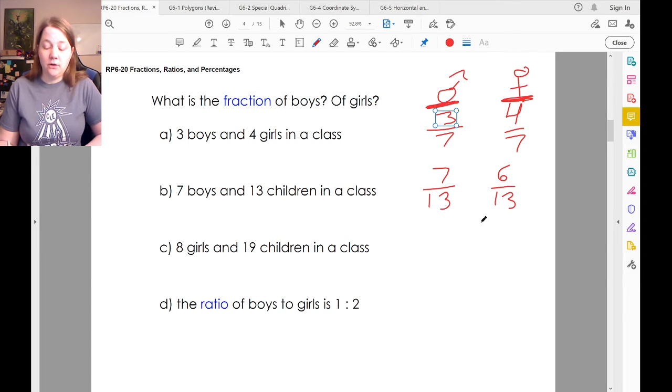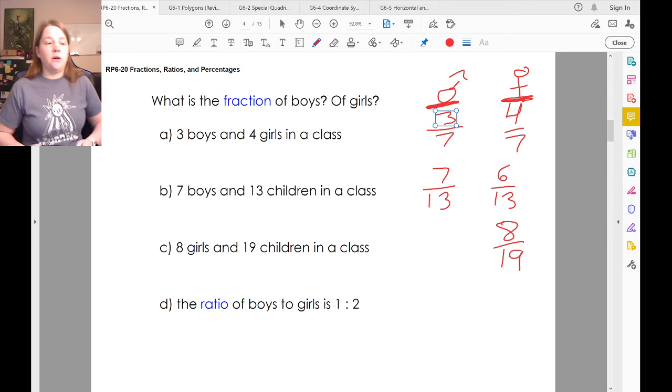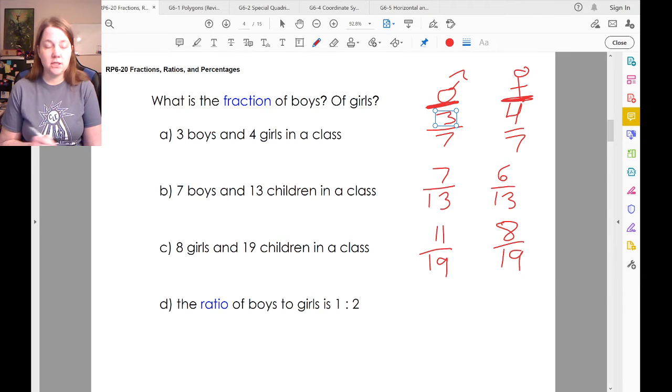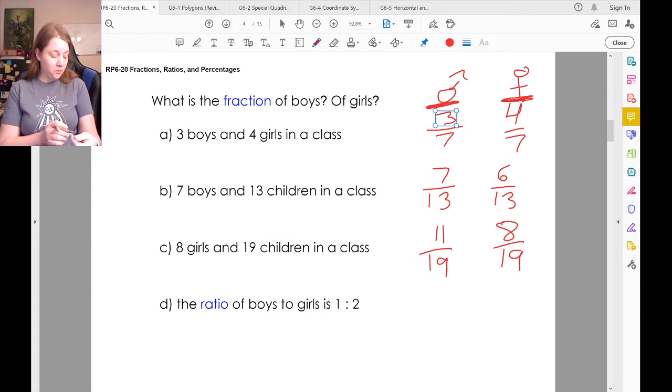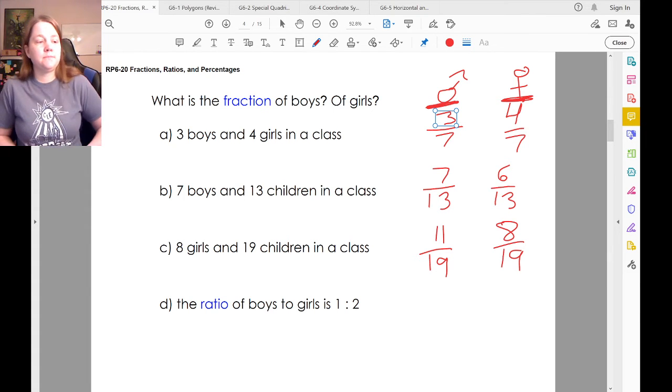Well, the fraction for girls would be 8 over 19 total. If boys are all there are left, then that would be 19 minus 8, which is 11 19ths for the boys. Notice that in these problems, the numerators will equal the denominator.